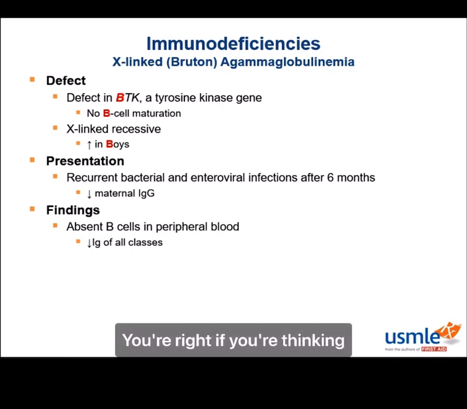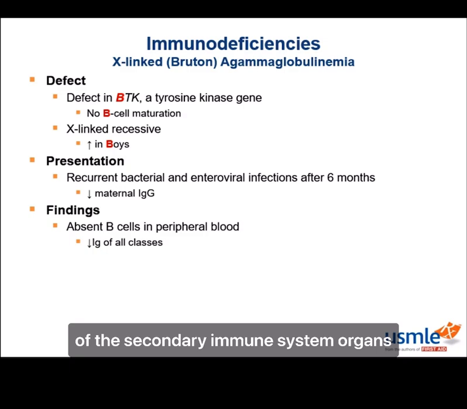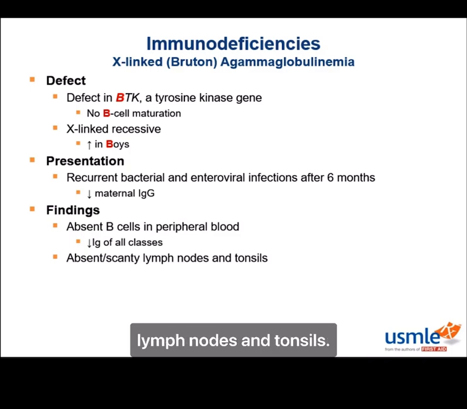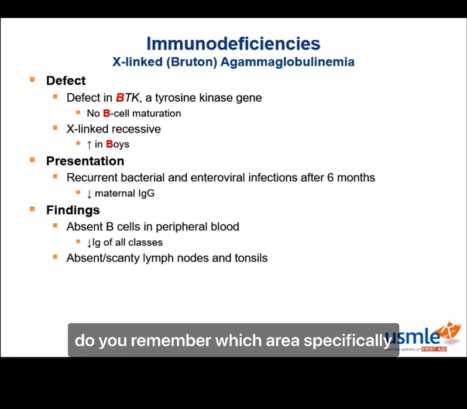So, if we have B cells, where do they hang out and get stored? You're right if you're thinking of the secondary immune system organs like the lymph nodes and the tonsils. But in this case, if we don't have B cells, we're going to have absent or scanty lymph nodes and tonsils. Now, in the lymph node, do you remember which area specifically that B cells localize and proliferate in?